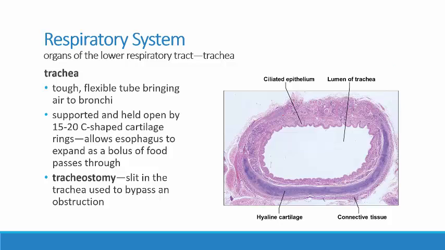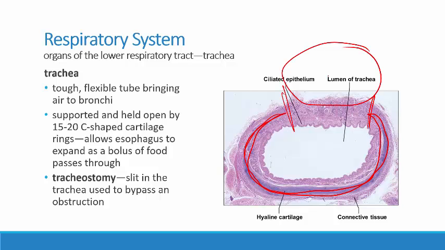So that's where the cartilage rings are found, and they hold the airways open. But at the back side, here, notice that there's no cartilage. This is because the esophagus is here, slumped closed, but as we swallow large chunks of food, it can bulge open to allow the food to pass through, and it bulges in where there is no cartilage.